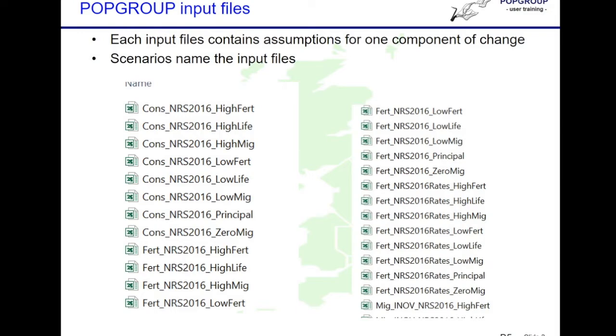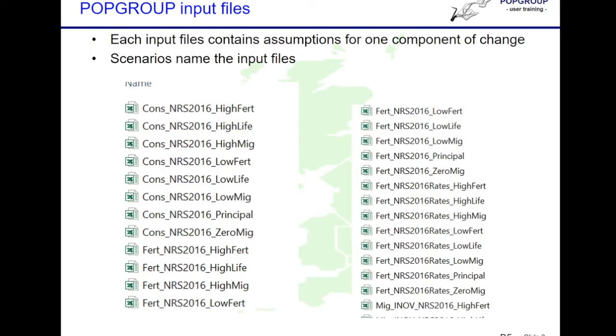So when we run the NRS 2016 population projection for the two council areas that we considered, Edinburgh and East Dunbartonshire, looking in the input files, one can see a whole set of different input files for fertility, mortality, migration, and so on.